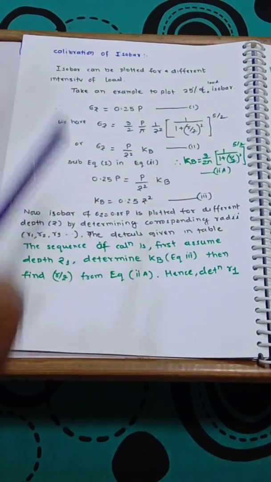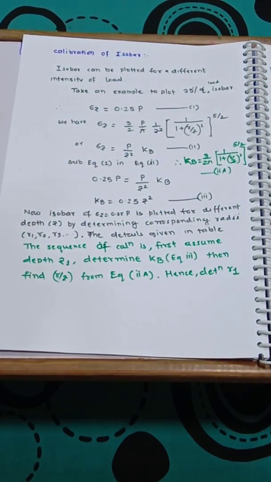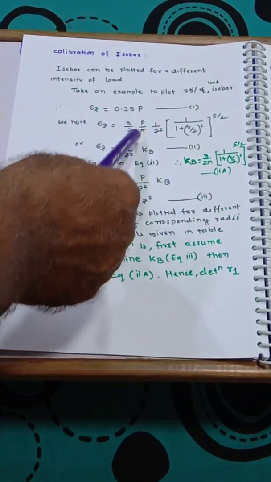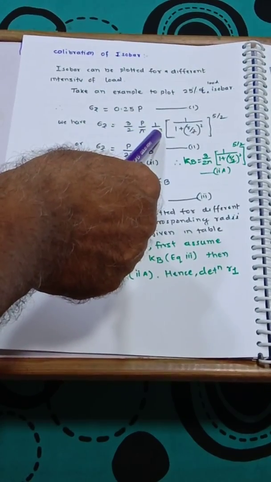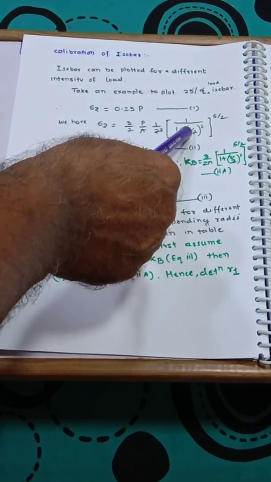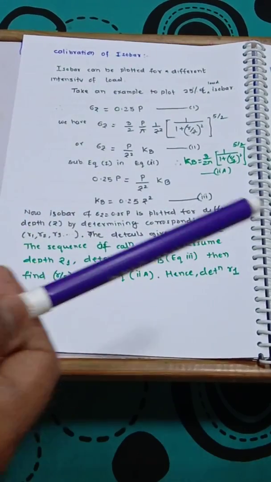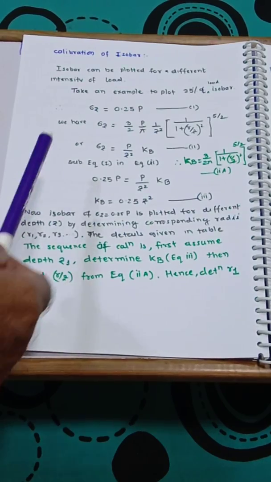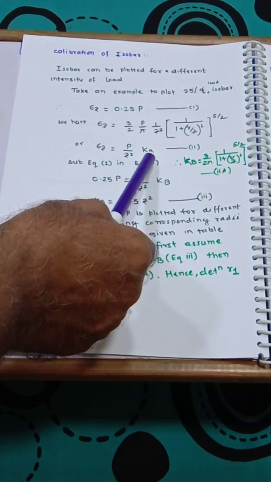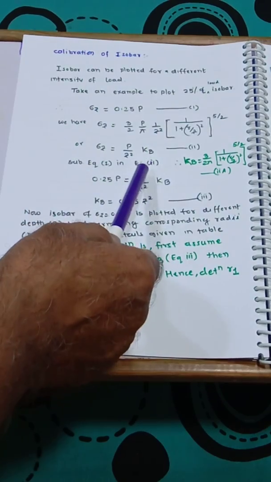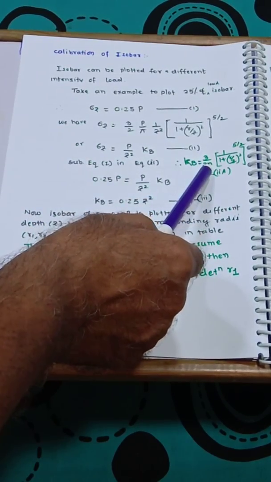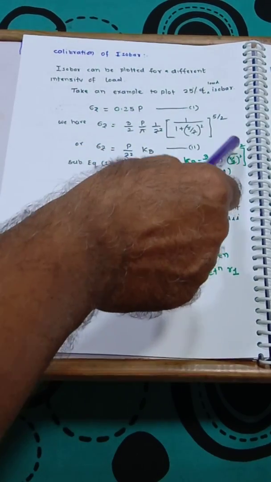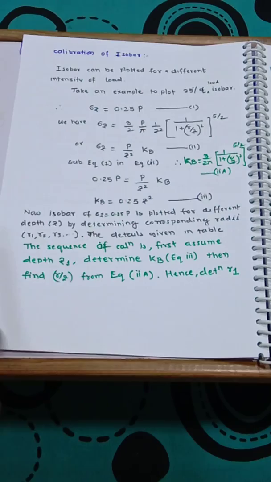So how do I calibrate? How do I actually plot it? Our Boussinesq equation is a function of load, the varying depth, and the varying R by Z. Here both are varying: Z is varying, R is also varying. So it is written in terms of an influence factor KB, which is 3 upon 2π, keeping the variables P and Z square, with the remaining terms being a function of R by Z, which is KB.